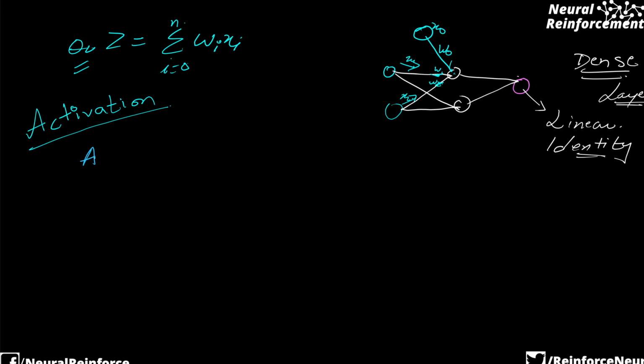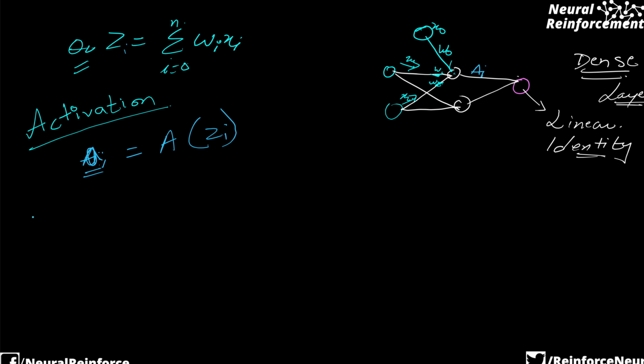So A of i, which is the activation function or the final output, becomes your Xi for this particular neuron, the output from this hidden layer node, is equal to your activation function of Z of i. Let's call it i.